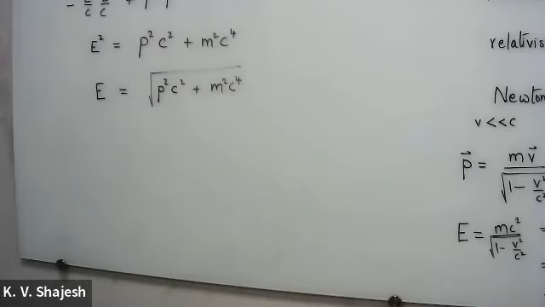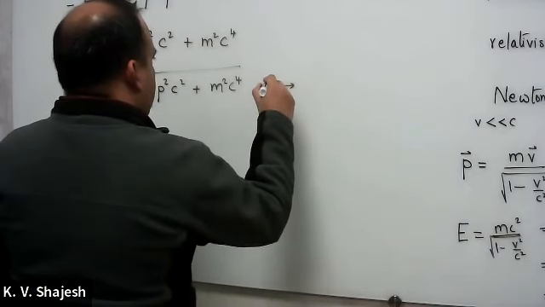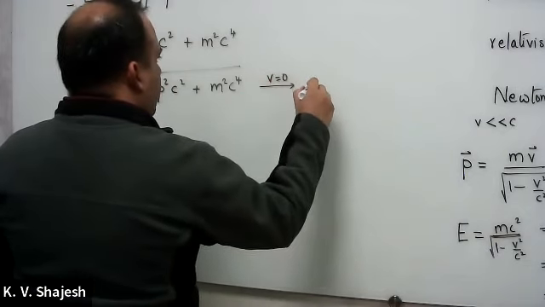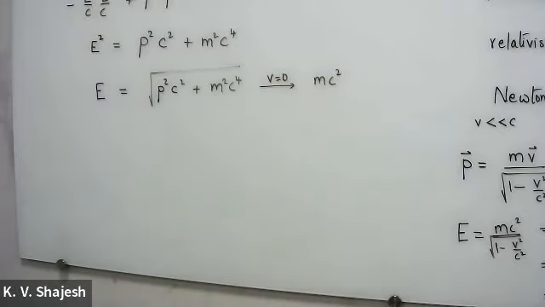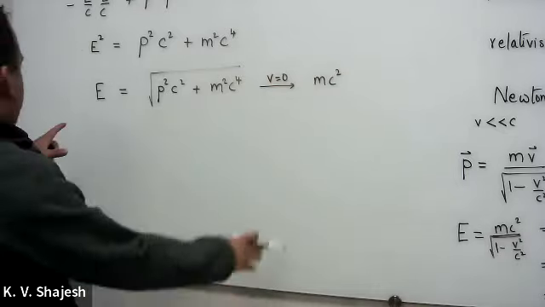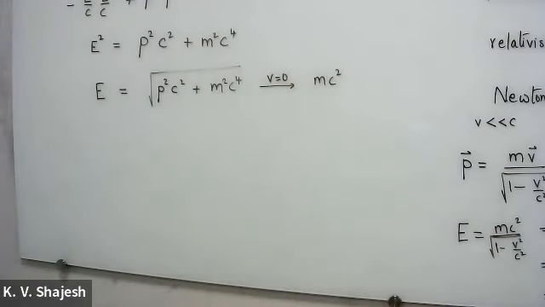And in the case when you're at rest, velocity zero, this is equal to mc squared. Okay, those are the new things. This was a major conclusion of Einstein's first paper in 1905. Any questions or comments at this stage?